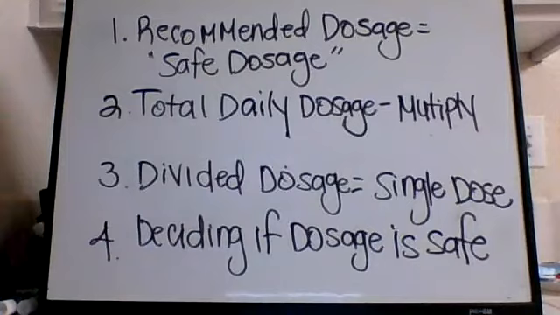And lastly is deciding if the dosage is safe. So I hope that you take a few minutes to write these four down. I'm going to be implementing all four of these in the problems that I'll be giving as examples. All right, let's get started.